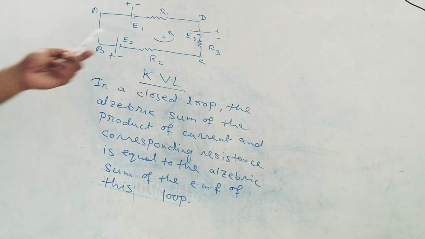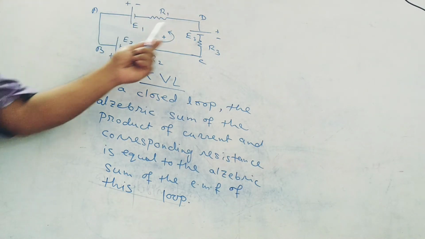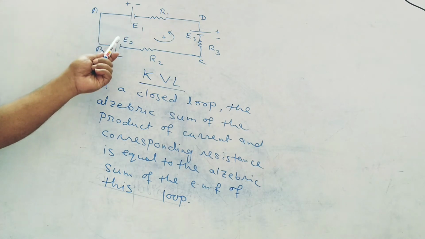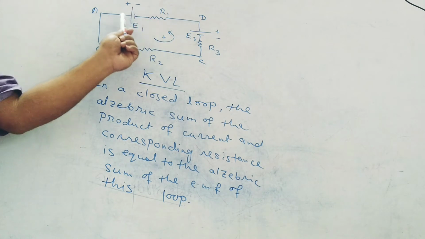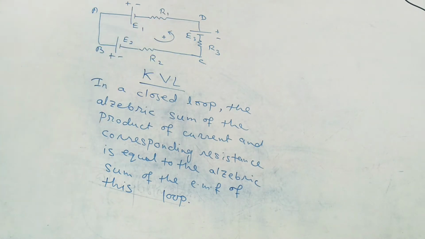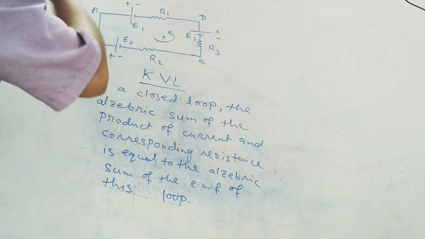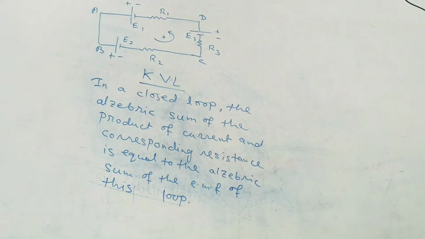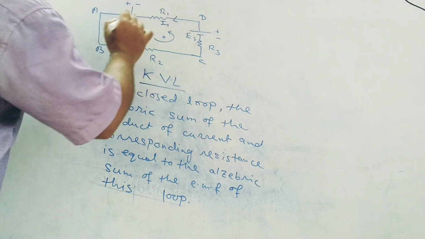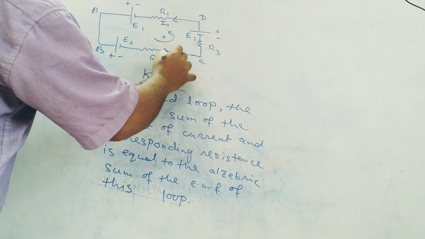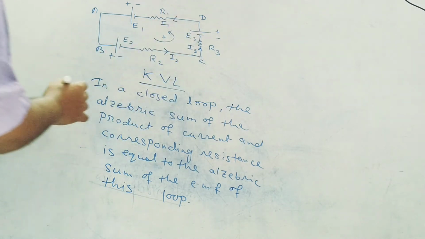It has three cells having EMF E1, E2 and E3. E1 and E2 are connected oppositely, and E1 and E3 are connected in the same sense. R1, R2 and R3 are the resistances of this circuit, and I1 current passes through R1, I2 through R2, and I3 through R3.